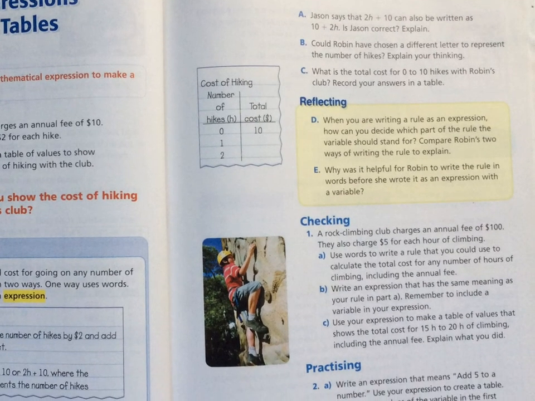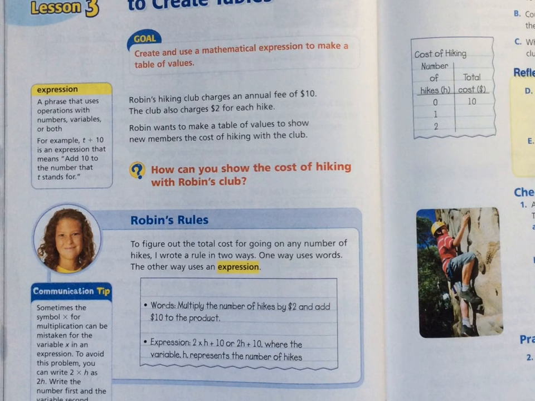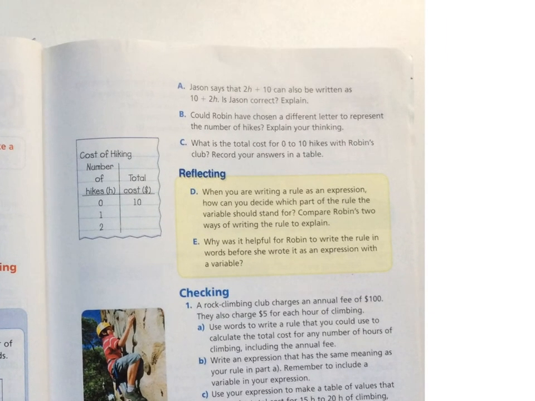So, best practice is to go back to any part of this 1.3, try and understand the first part, why Robin did what she did, and then go through the examples again if you didn't understand, and try and figure out what went wrong with your understanding. And if you still don't understand by tomorrow, please come and see me, because I would love to help you understand, and we'll go through these questions together.